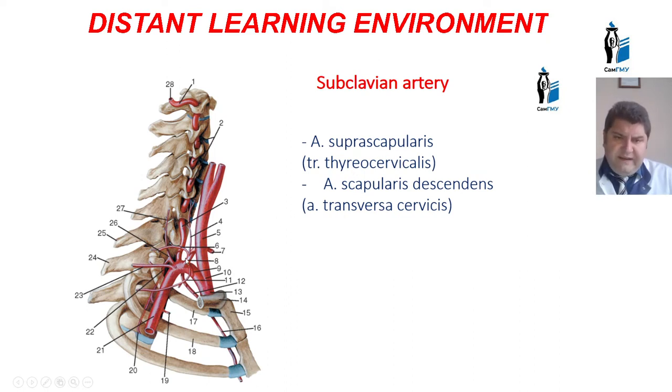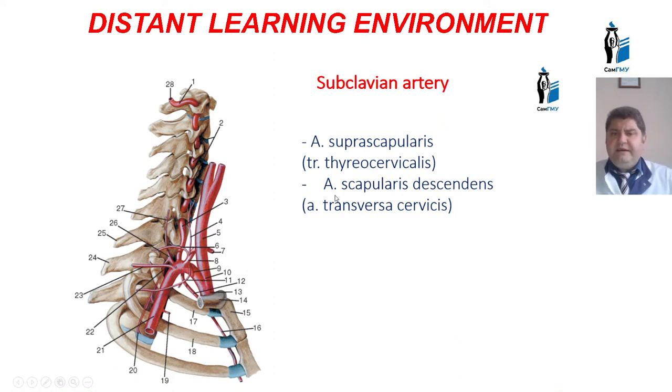You may see the cervical trunk here in number 8 under my pointer, and also the suprascapular artery in number 6, which passes to the dorsal space of the scapula, and it gives branches for the supraspinous and infraspinous muscles of the scapular region.